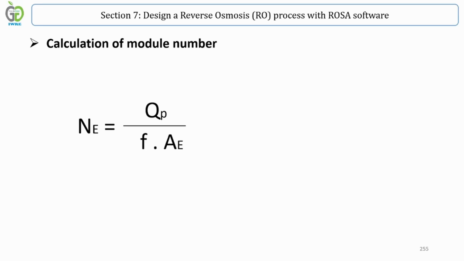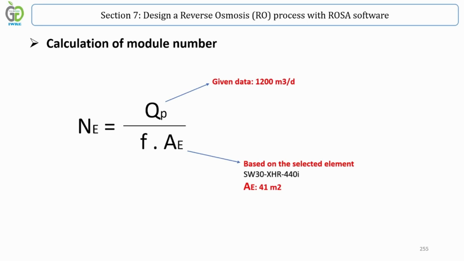Now you should calculate the module number. For this you can use this equation. In this equation, as you can see, the QAP is determined in the given data and is 1200 cubic meter per day. The membrane element area is based on the selected membrane, and in our case SW30, the element area is 41 square meter.